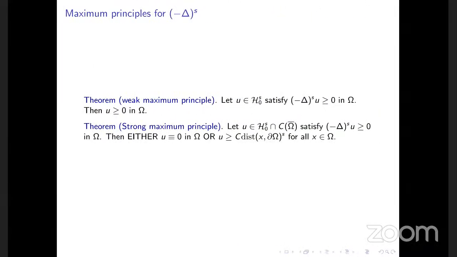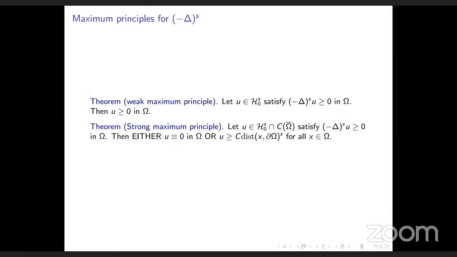And the strong maximum principle, or the Hopf lemma, also holds: if I have a continuous solution, then either u is equal to 0, or u is larger than the distance function to the boundary to the power s, which is the optimal regularity that we mentioned before.